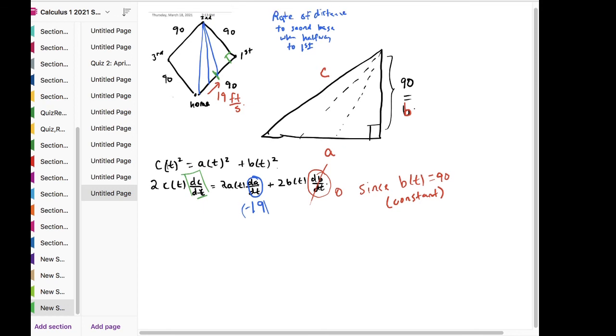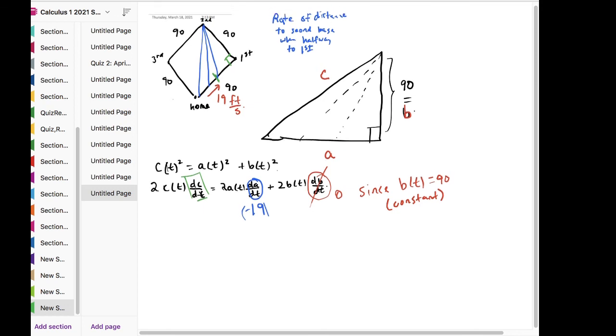And a(t naught), when halfway to first, is equal to 45.